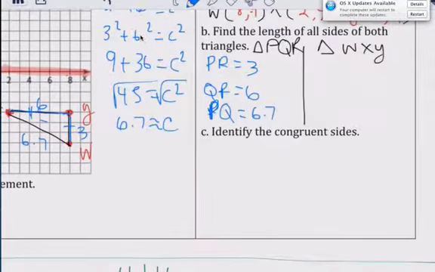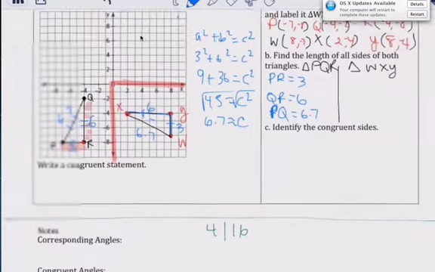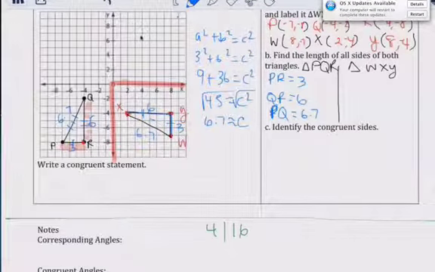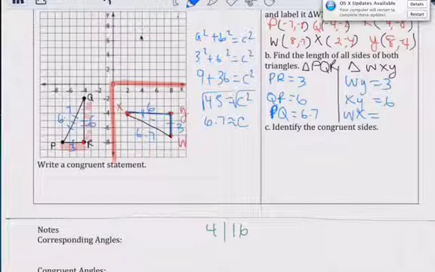Okay. So we got WY equals 3 and XY equals 6 and WX is equal to 6.7.